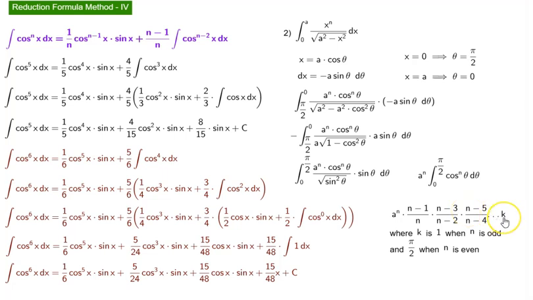And then we tag k as one additional factor. And k will be equal to 1 when n is odd and pi by 2 when n is even. So for this definite integral, we can use this pattern.